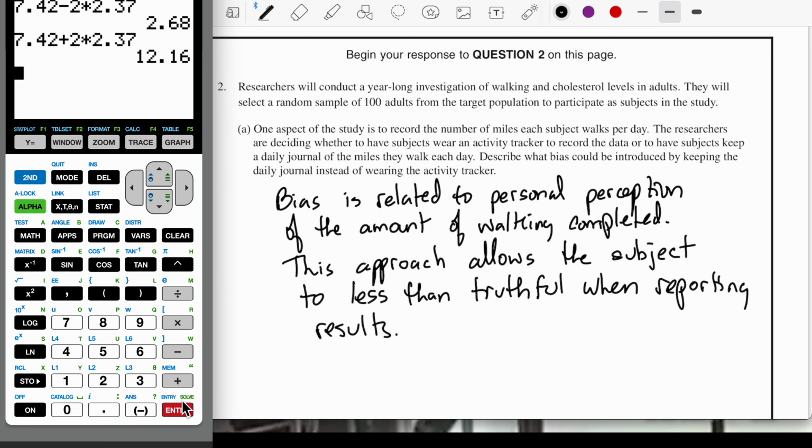Now, you could get into why that might be the case. Anytime there's a human reporting information about themselves, maybe they'll fabricate it. What was your college GPA? 3.908. What was it really? I don't know, I'd have to look it up.